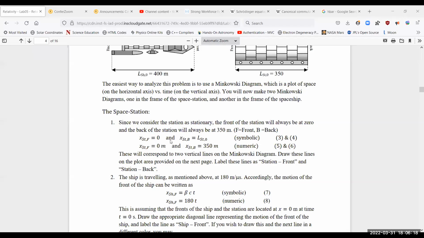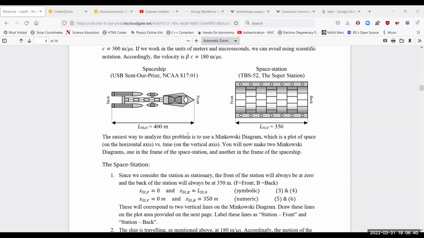Okay, so this is the space station, stationary, sitting in the space station, looking at the ship coming in. The ship, because of the length contraction, appears to be shorter. Make sense? Yes. Because it appears shorter, it's not going to be 400 meters in length, it's going to be less.